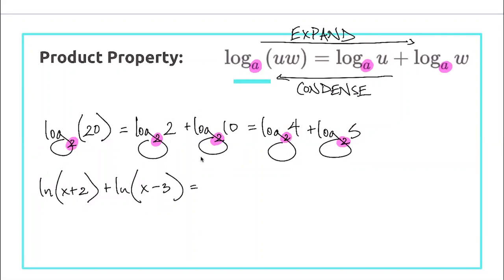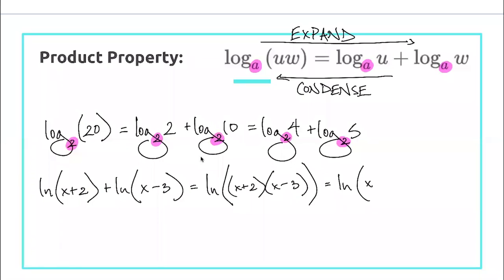So I'm asking you here not to expand, but to condense. So what's that going to be if we condense? x plus 2 times x minus 3. So we need a natural log of x plus 2 times x minus 3. And as kind of good practice for tomorrow, we could FOIL that out, right?